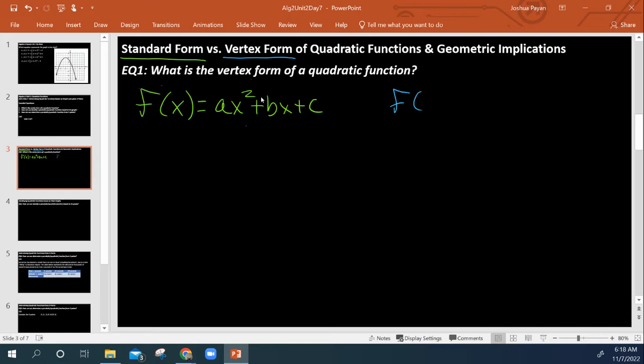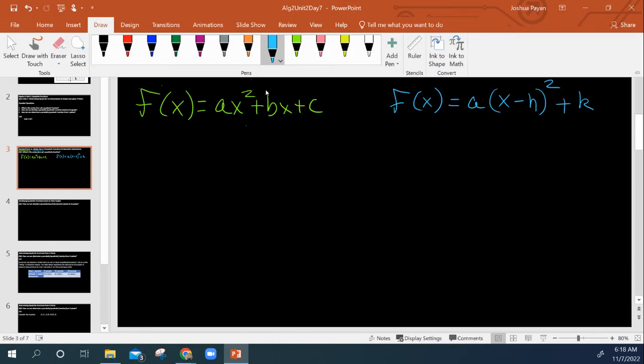Let's say we had f of x equals, so we still have an a term, but it's going to be x minus h all squared, and then plus k. We'll talk about what these numbers mean and what they do in a second.